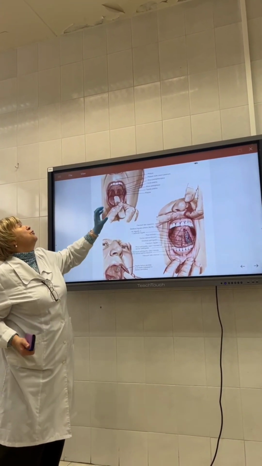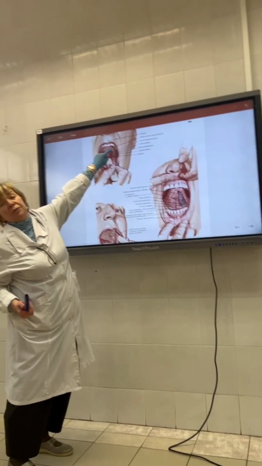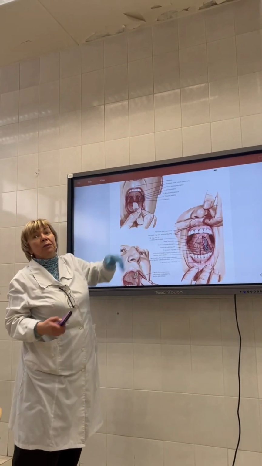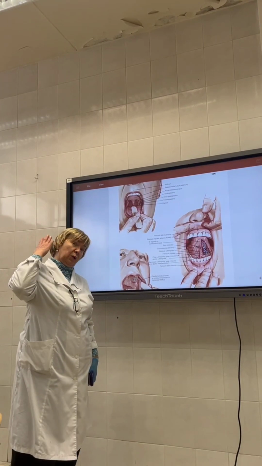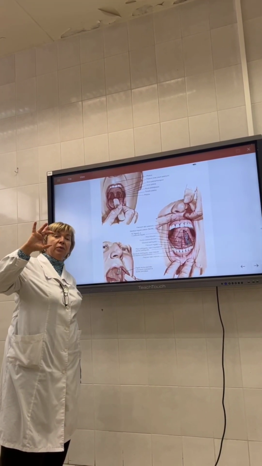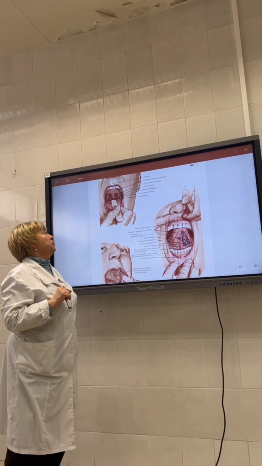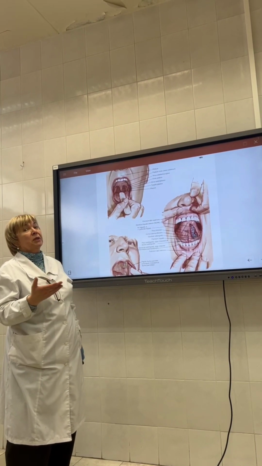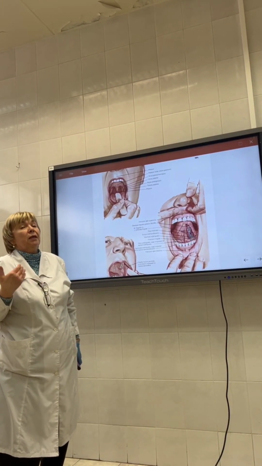So, the fauces is the opening in the back wall of the oral cavity. The back wall of the oral cavity as a wall is absent; it is formed by the fauces. The fauces connects the oral cavity with the oral part of the pharynx, but it is devoted to the oral cavity.